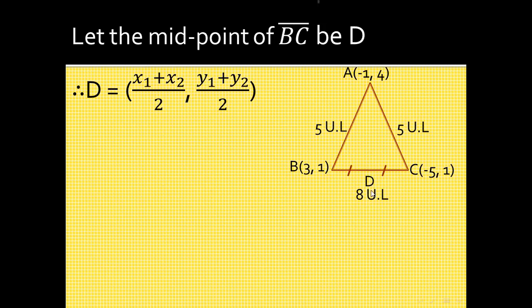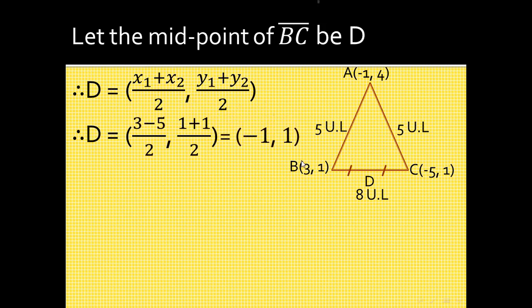How can I find the midpoint of BC, which is point D? (x1 plus x2) divided by 2, (y1 plus y2) divided by 2, then D equals (-1, 1), such that D is the midpoint of BC.